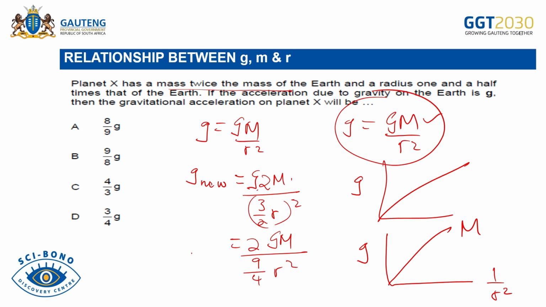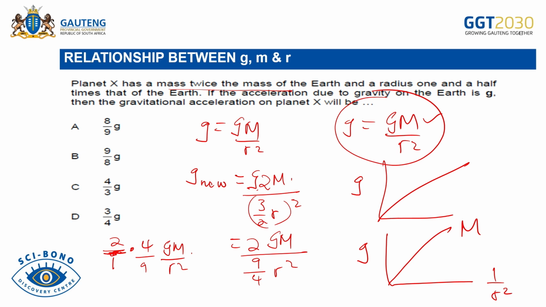I hope you are following. So I'm having 2 over 1 times 4 over 9, which is g, that is, GM over r squared.